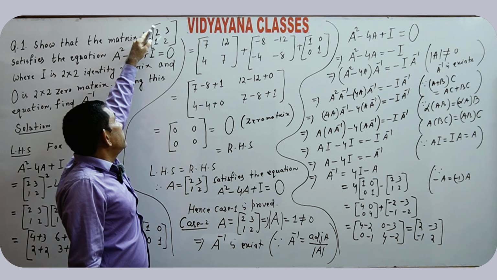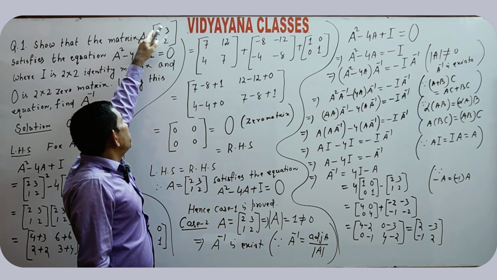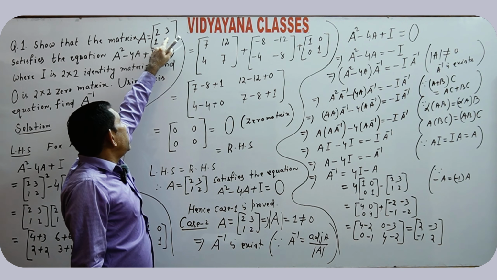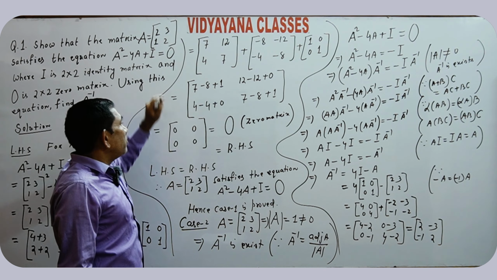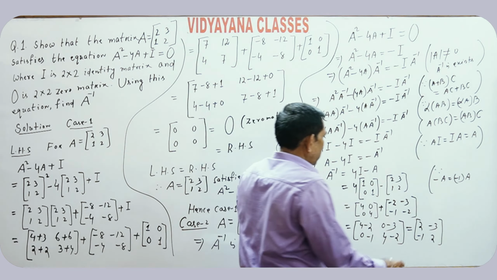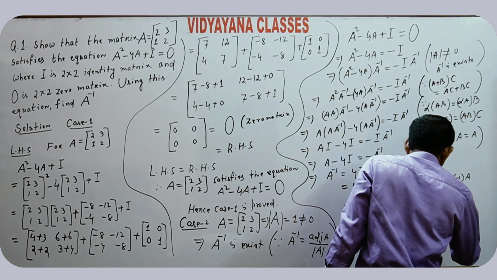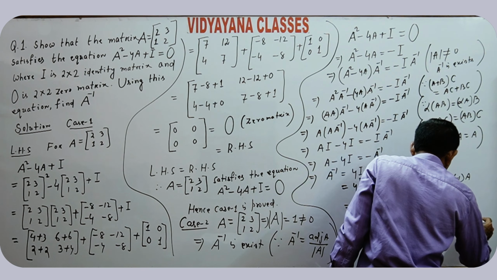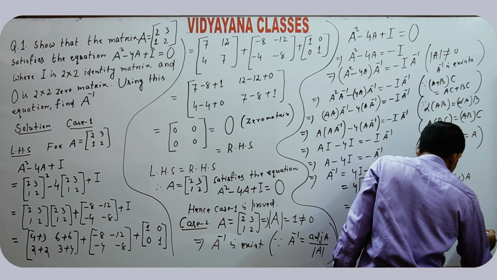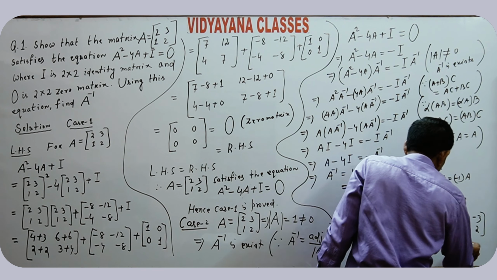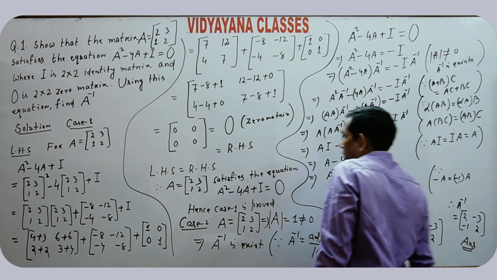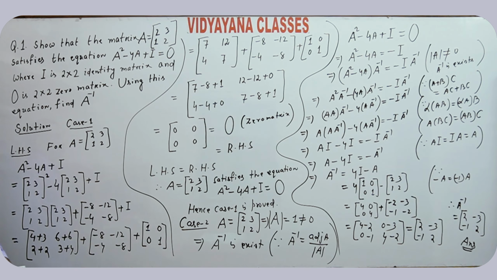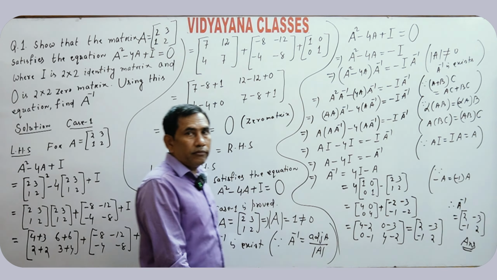A inverse means interchange the places of the diagonal elements: 2 and 2 are interchanged, and the signs of 3 and 1 change, which gives A inverse. Therefore, A inverse is equal to 2, minus 3, minus 1 and 2. Clear?